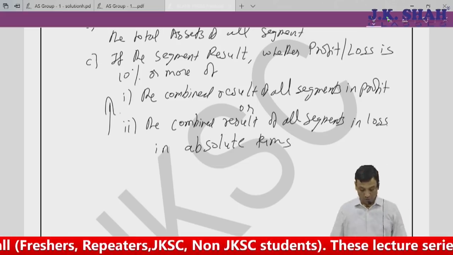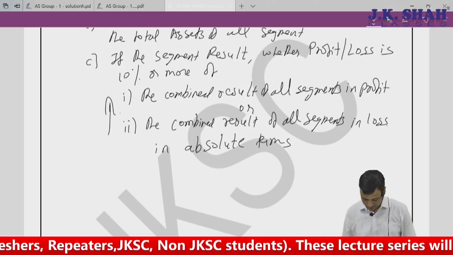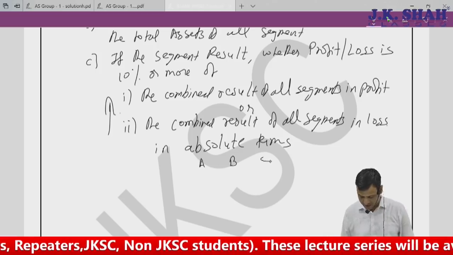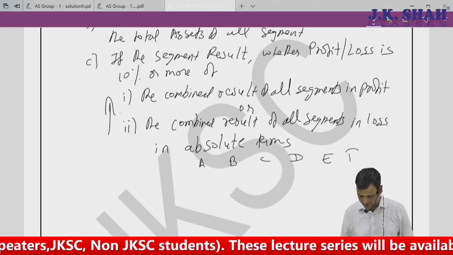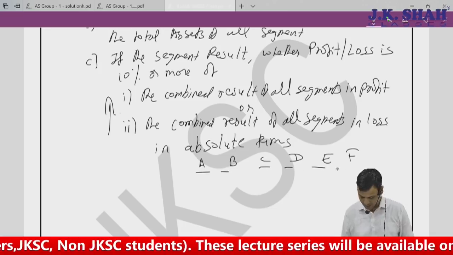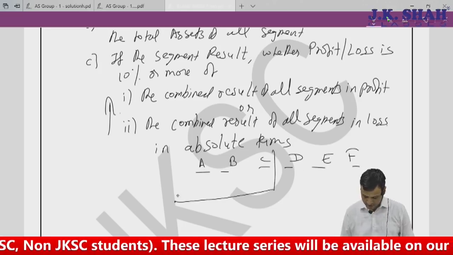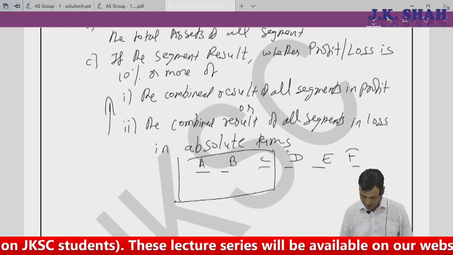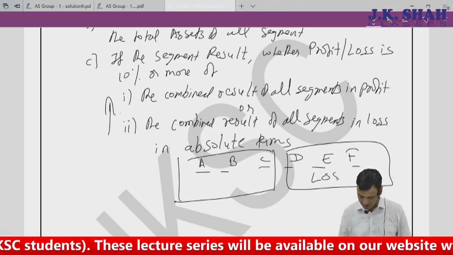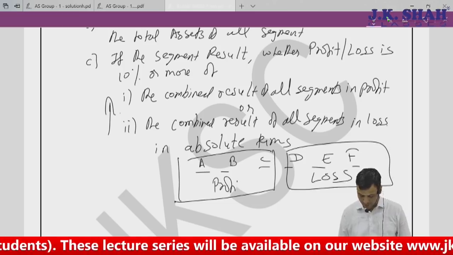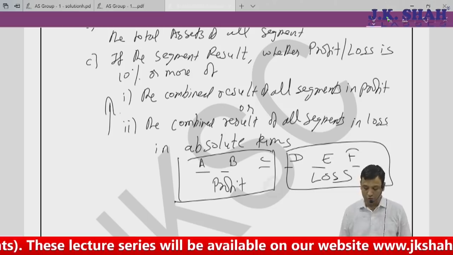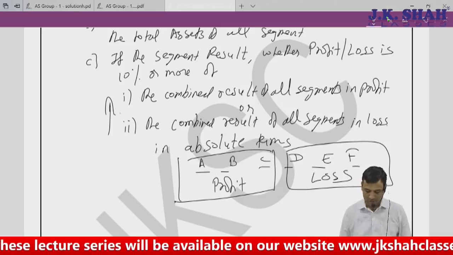So what I have to do, say for example I have segments A, B, C, D, E, F, and so many. Say these 3 segments are in profit and these 3 segments are in loss. So I have to find out the total of these 3 segments which are in profits.